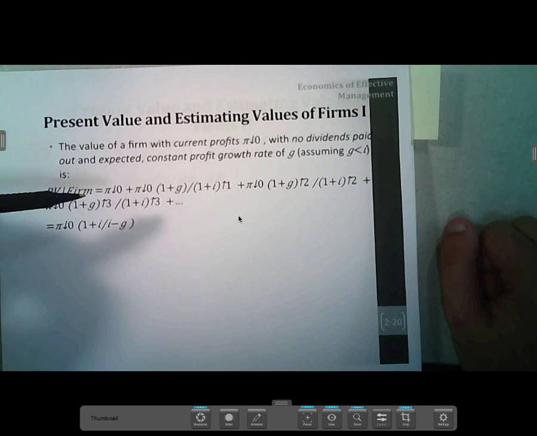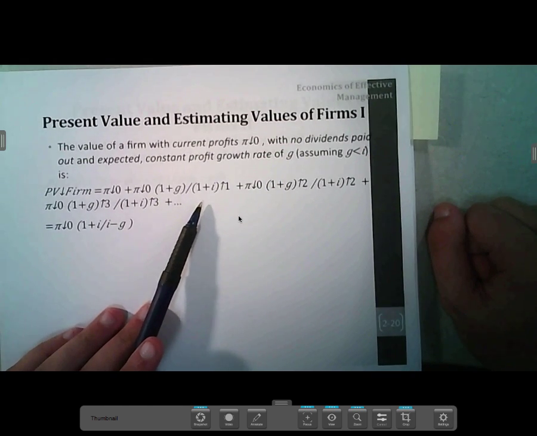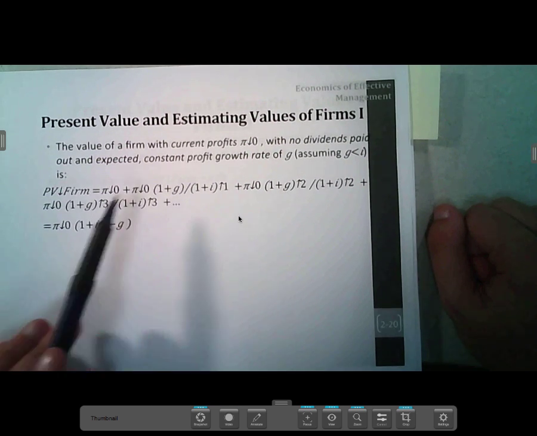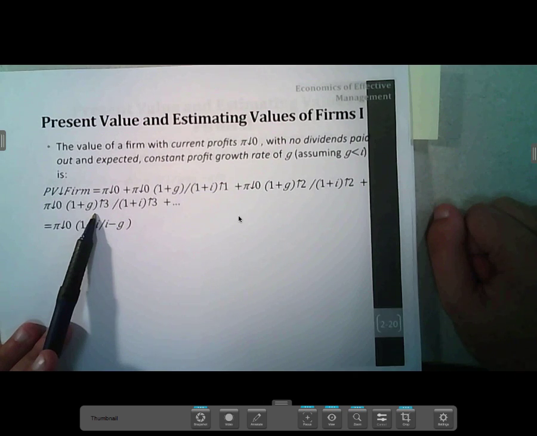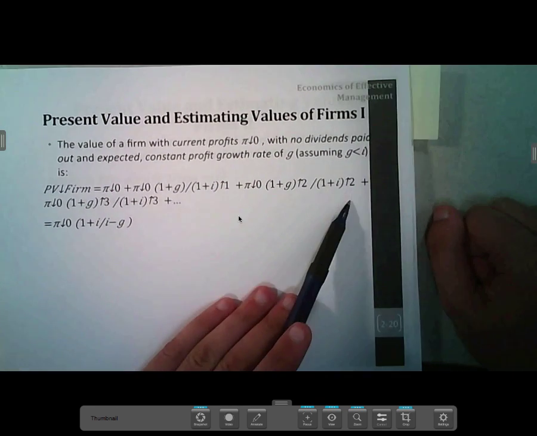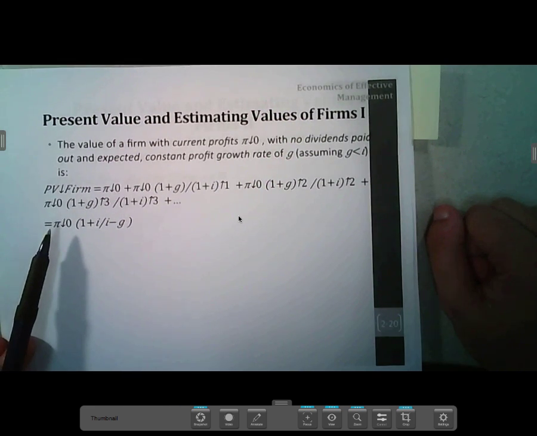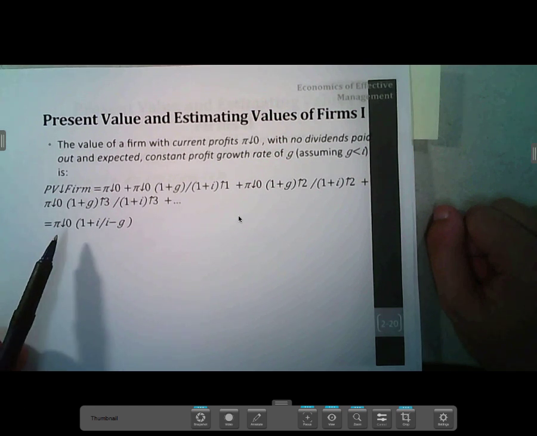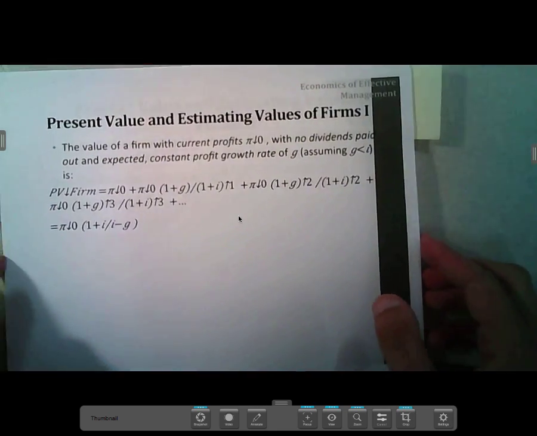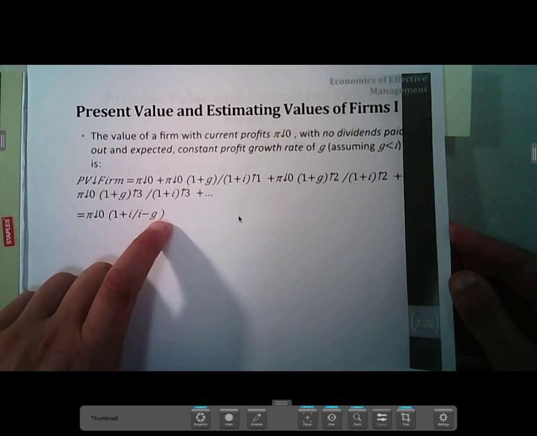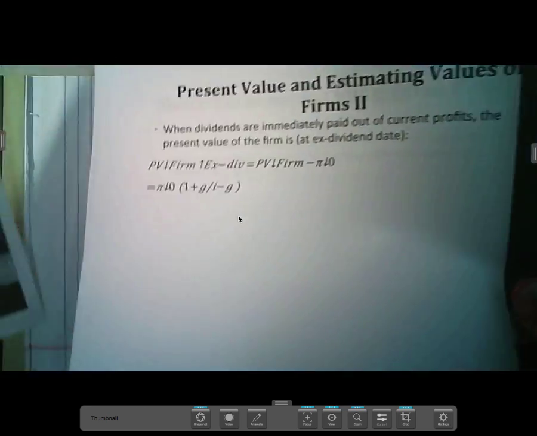If it's not paying out dividends and is growing at a constant rate, then over time we have the same discussion, where I have my company existing in one time period, then growing slightly in the second time period, growing even more in the third time period, yet at the same time I have my interest rate existing in each of these three time periods, giving me my present value, so that my equation looks something like my profits approaching zero, with a reflection of both the interest rate to give me the present value and the growth rate so that I can get the future value of the firm.